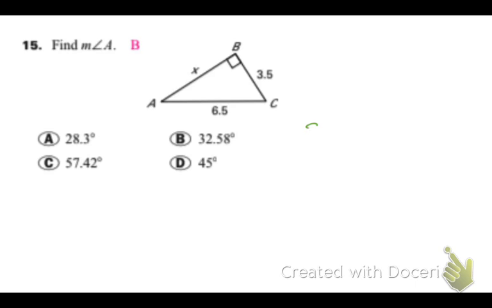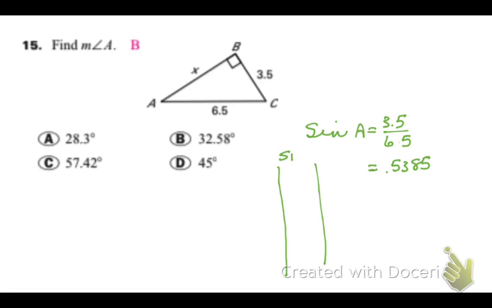Okay, so we have sine of A equals 3.5 over 6.5, which is equal to 0.5385. So what you need to do is, on your trig tables, go down the sine column and find the number that's closest to 0.5385.